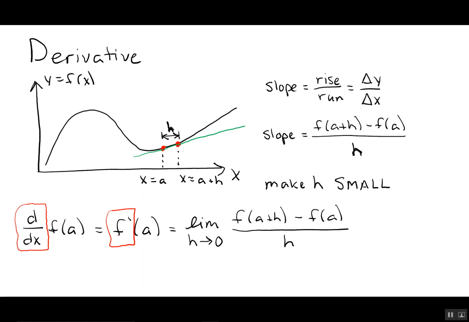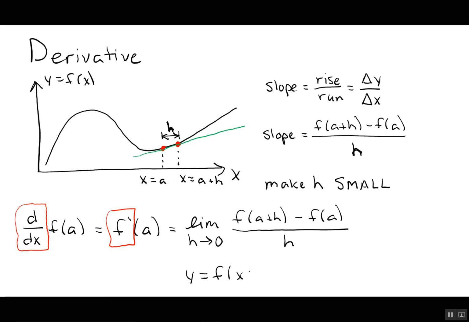F prime at a is find the derivative of the function f of x at the value x equals a. And as we just said, this is the limit as h goes to 0 of the change in y, f at a plus h minus f at a, divided by change in x, which in this case is h. All right, so on the next slide, we're going to evaluate this limit, actually find the derivative for a real function.